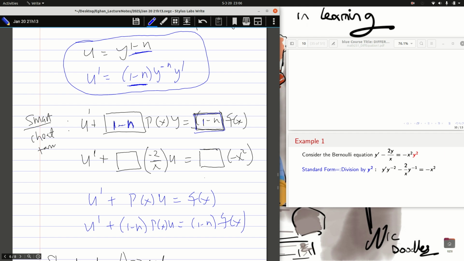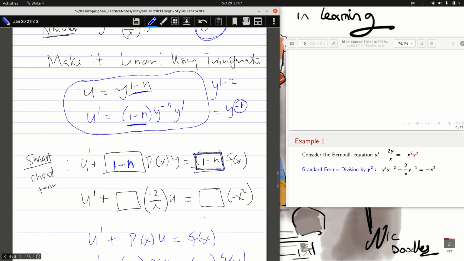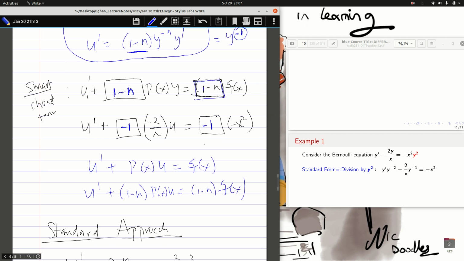Okay, so let's see 1 minus n. In our question, it was this where your 1 minus n is coming from. So it is 1 minus 2, and that gives me negative 1. So my 1 minus n term is negative 1. So you have negative 1 multiplying here, negative 1 multiplying here. And what do we get at the end of the day?